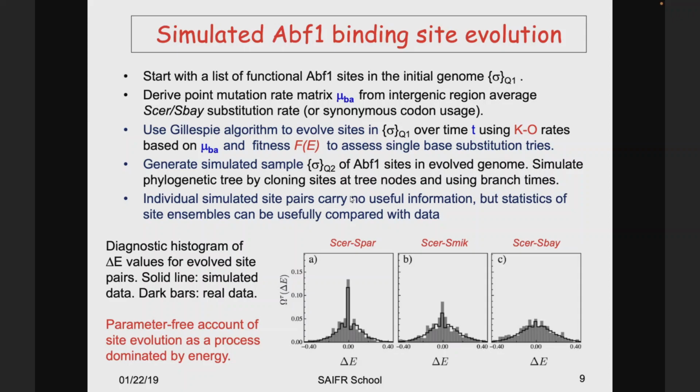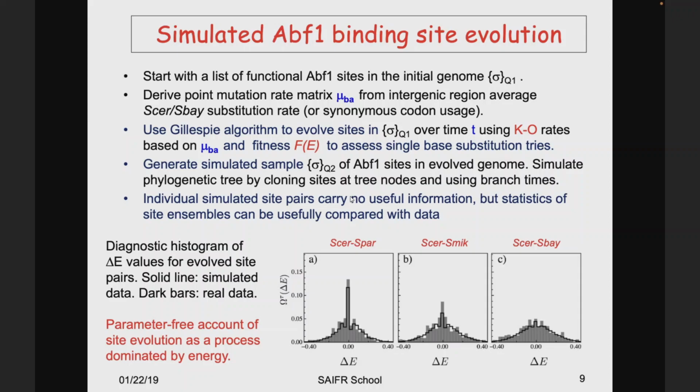You start with a list of functional ABF1 sites in the initial genome. So let's just take 400 binding sites, or 300 binding sites, you name it, specific sequences. And they are in the ancestor genome, okay? And now we have derived the neutral point substitution rate matrix from the intergenic region data, so we know that.